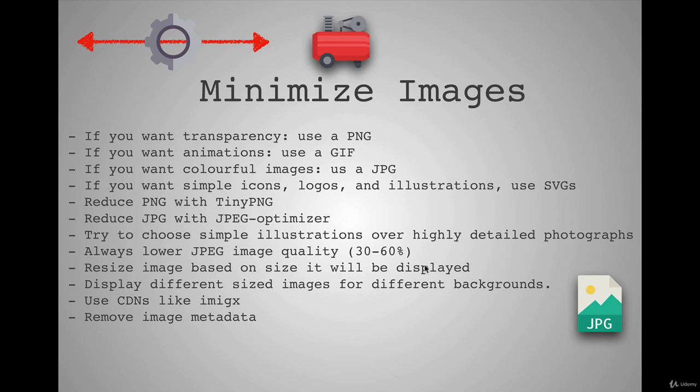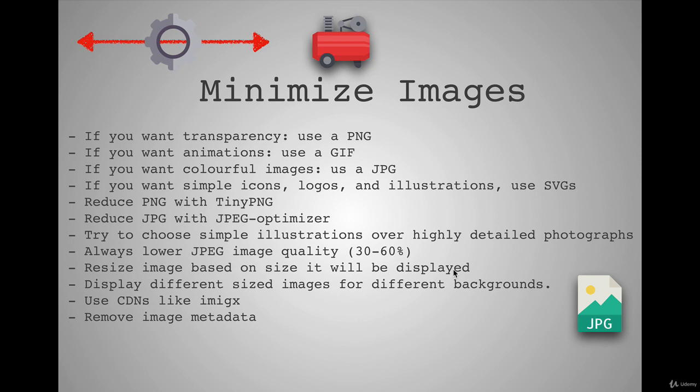And this is self-explanatory, but something that not a lot of people do, and I see this mistake being made all the time. You want to start by matching up the image's resolution to the size that is actually displayed on a website.